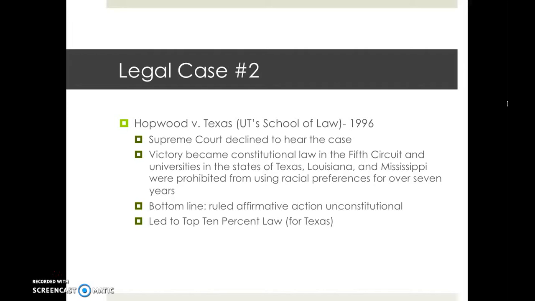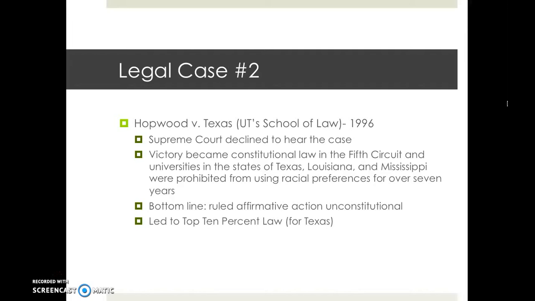Even though Hopwood possessed excellent qualifications, the university denied her admission and instead offered admission to 62 students from the favored minority track. Of those 62 admitted students, Cheryl Hopwood held a better combined LSAT and GPA score than all but 9 of the other students. So in turn, she ended up filing a lawsuit against the university, and it ended up being a historic victory in the Fifth Circuit Court of Appeals.